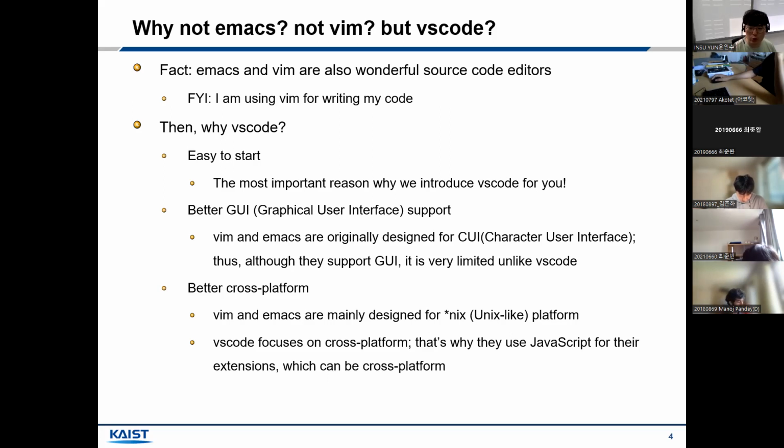That's why they decided to use JavaScript and TypeScript, which are cross-platform languages, for their extensions. So you can use the same tool, VS Code, and most of the functionality on Linux, Windows, and Mac OS, everywhere. That's why we recommend you to use VS Code as a starting tool for writing code.